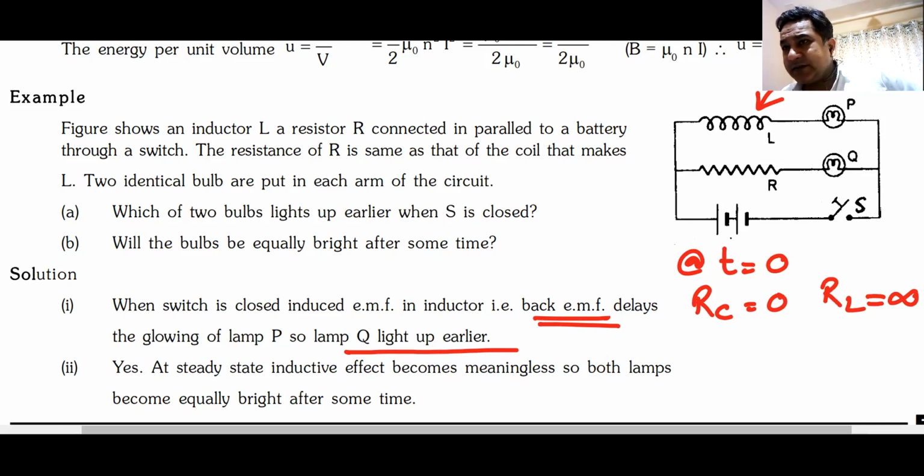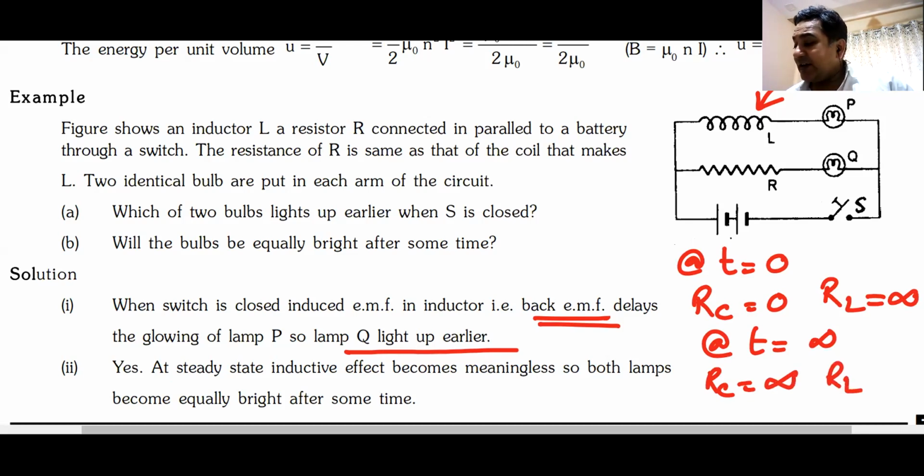As soon as you put the switch on, capacitor behaves as 0 resistance and inductor behaves as infinite resistance. After a long time, when the steady state is reached, capacitor behaves as infinite resistance, open circuit, and inductor behaves as a short circuit. It behaves as if no resistance is present. Remember that because we will be using it in questions.